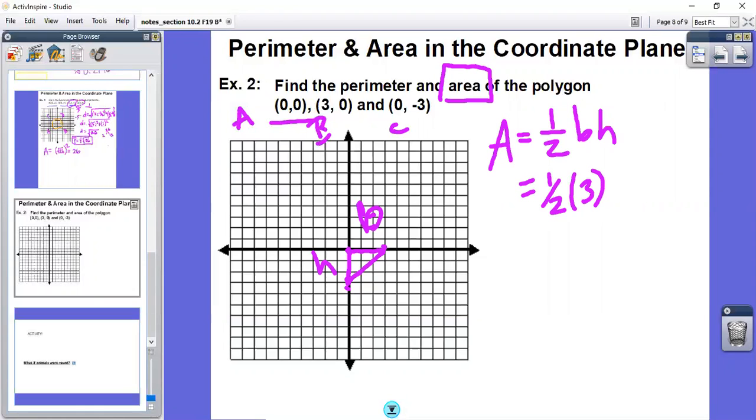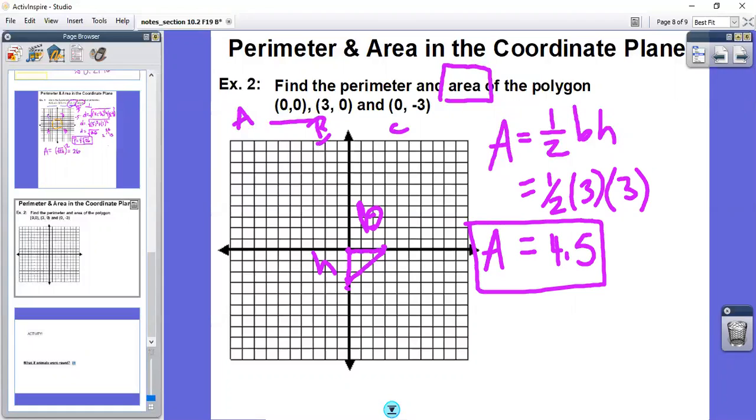I don't need to calculate anything; that's also a distance of 3. I don't have to use the distance formula there because those sides are lined up directly on the coordinates and the lattice lines. So we basically have 1/2 times 3 times 3, so that's going to be 4.5 for area.